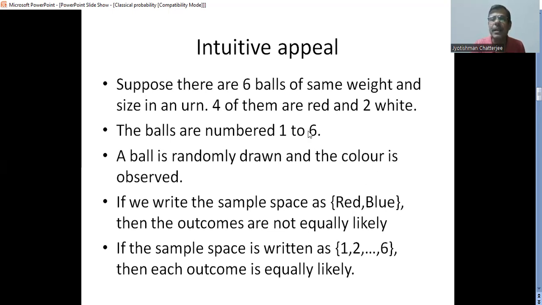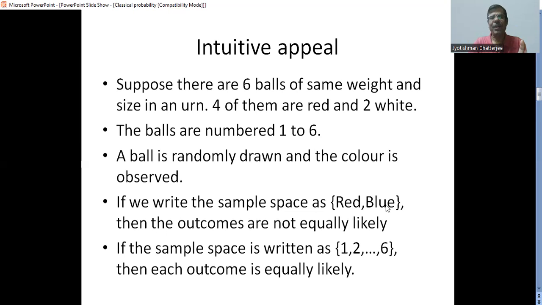So let's assume that there are 4 red and 2 white, and please do this correction yourself, red and white. So the sample space here will be red and white because there are 4 red balls and 2 white balls, and we are just observing the color. Now, what do you think? Are both the outcomes, red and white, equally likely?